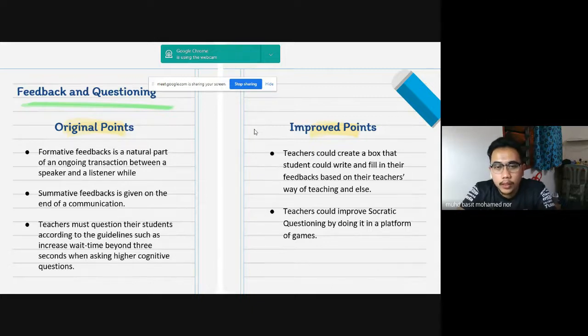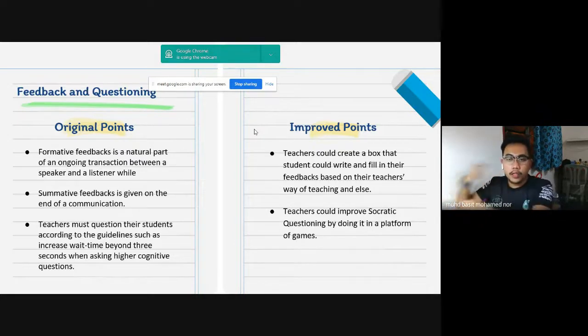And then for the questioning part, teachers could improve Socratic questioning by doing it in a platform of games. What I mean is, as we know, Socratic questioning is when we ask a question, and the person we ask doesn't reply with an answer, but replies with another question.